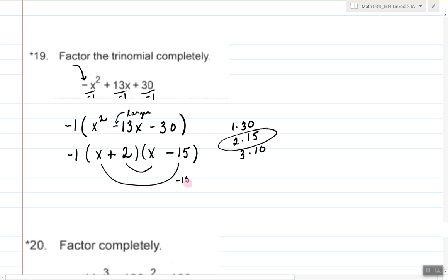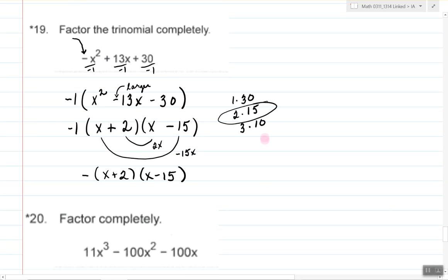That's negative 15x. That's positive 2x, which gives me negative 13x. Then if you distribute the negative 1, you'll get all the way back up to here. So in MyMathLab, you could just put a negative sign in front of x plus 2 times x minus 15. The 1 would be implied.